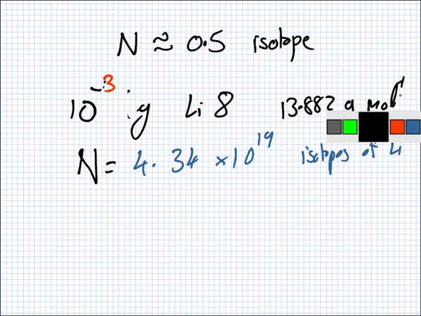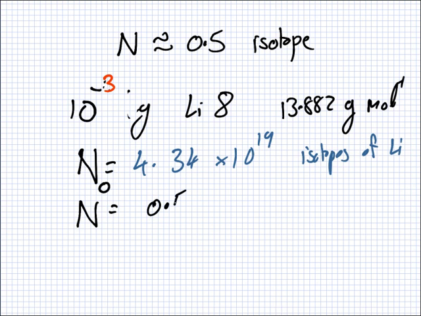That's how much we have at the beginning. We want to know when will we have only half an isotope. Because then that means we probably have no isotopes.